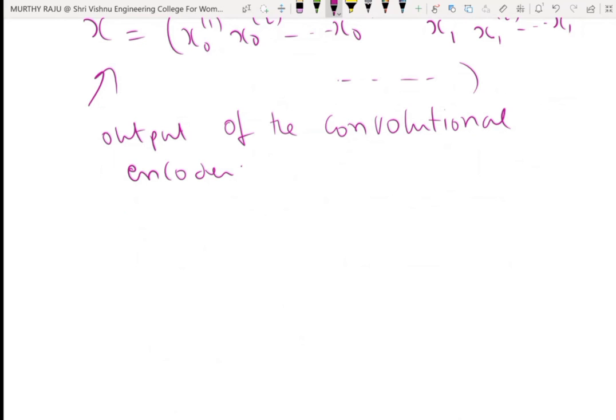First, define the generator sequences. These generator sequences are nothing but the impulse responses of the modulo 2 adders when the input to the convolutional encoder is an impulse function.